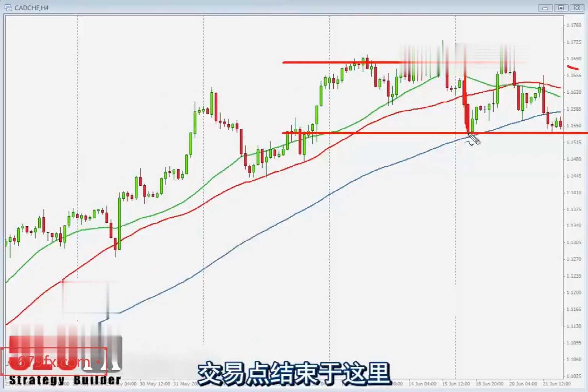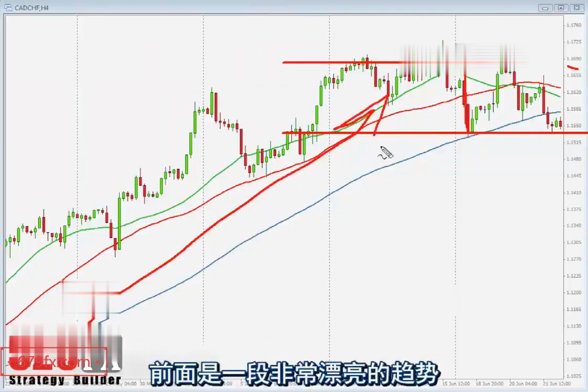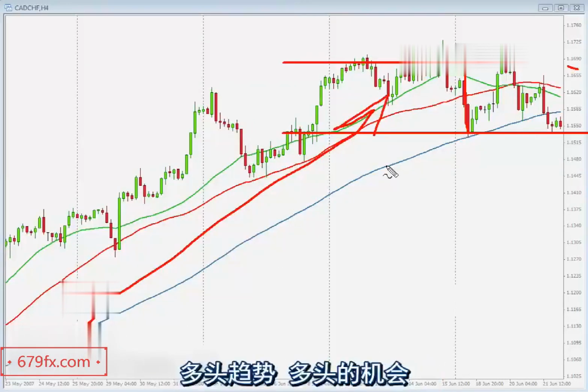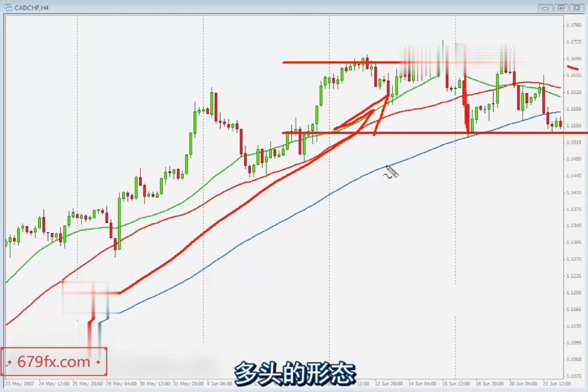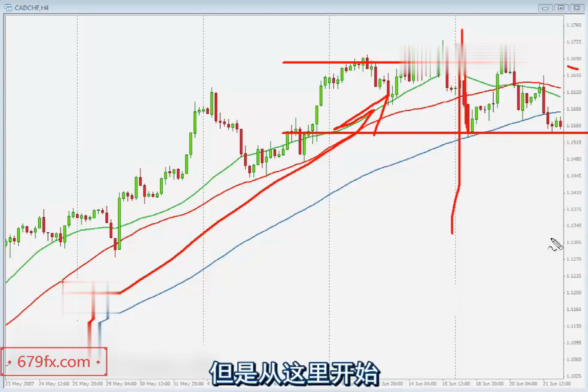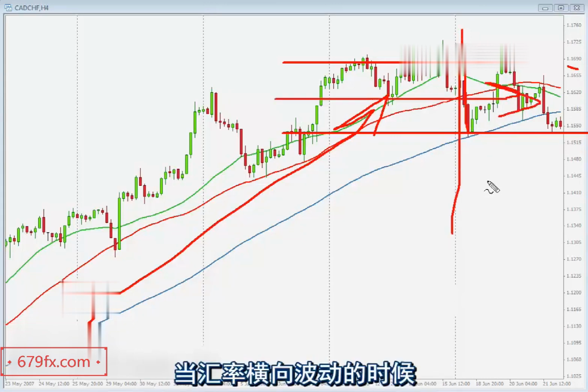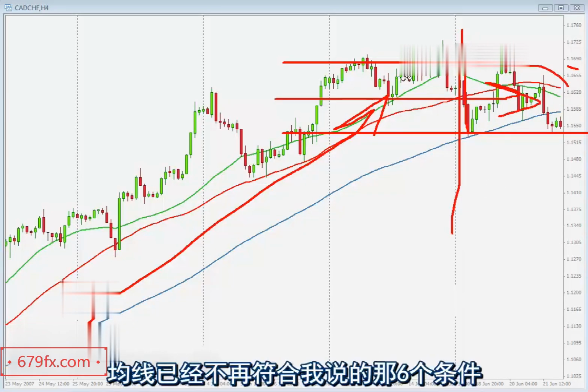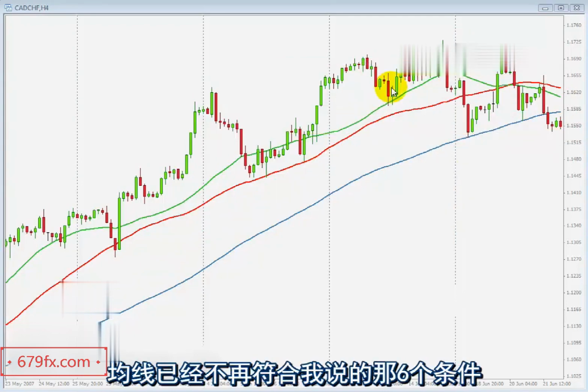That was a beautiful trade, a beautiful trend. Long trades, long opportunities, long setups were high probability trades all the way up to here. From this point on, when we begin moving sideways, the moving averages are no longer fulfilling all the 6 conditions.